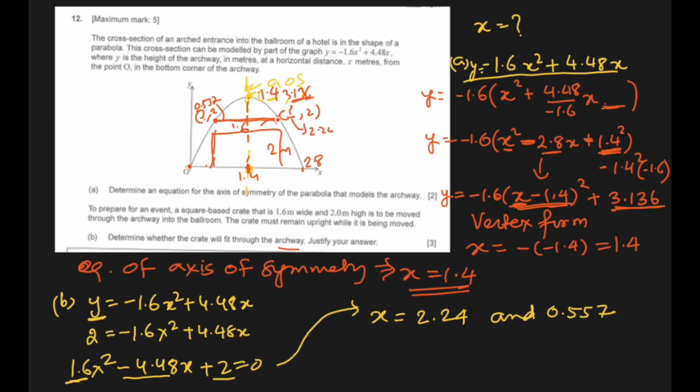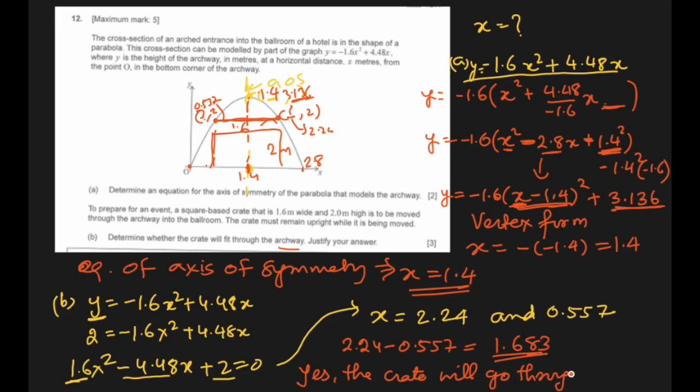The difference is 2.24 minus 0.557, which is 1.683, more than 1.6 meters. So yes, the crate will go through the arch. There's no problem.